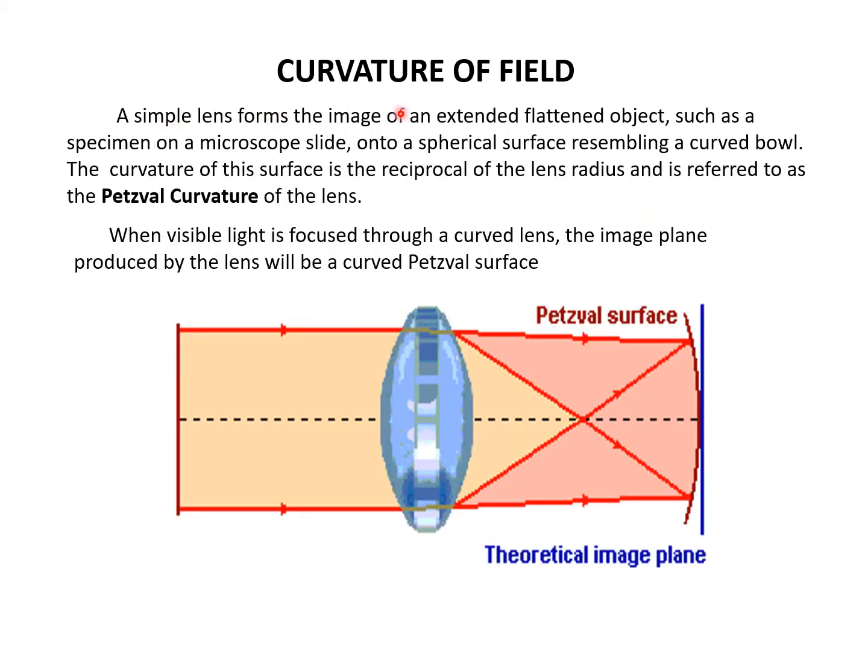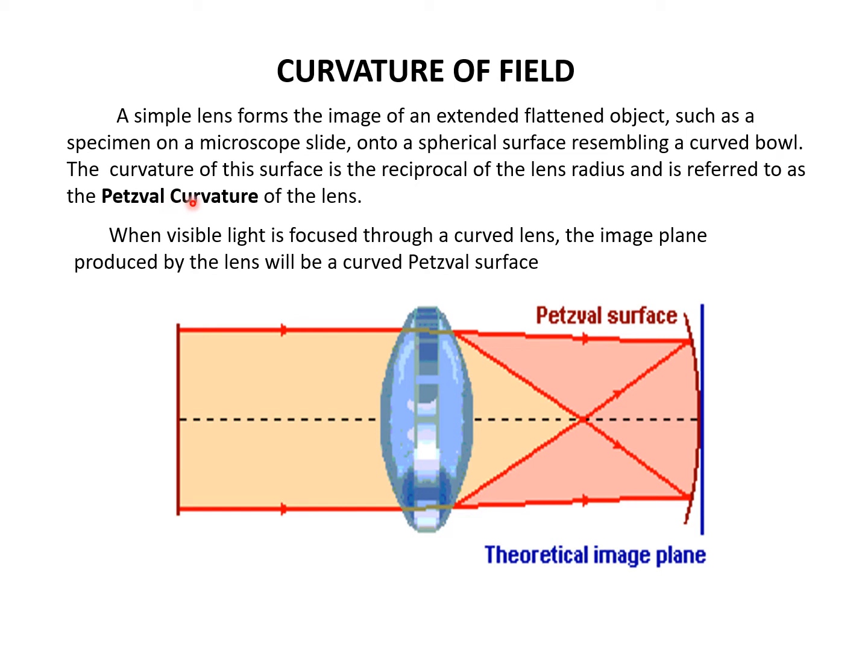Now coming to another explanation of curvature of field, that means the defect of the curvature of field in case of microscopes and telescopes. Now a simple lens forms the image of an extended flattened object such as a specimen on the microscope slide onto a spherical surface resembling a curved bowl.